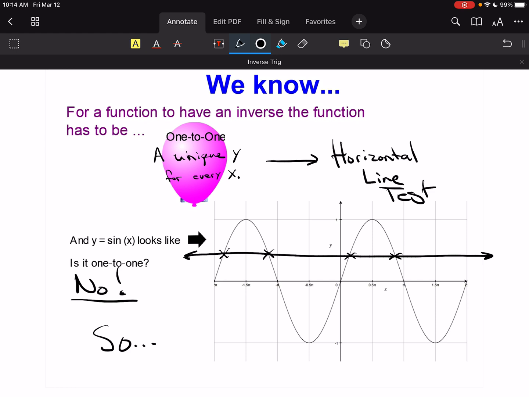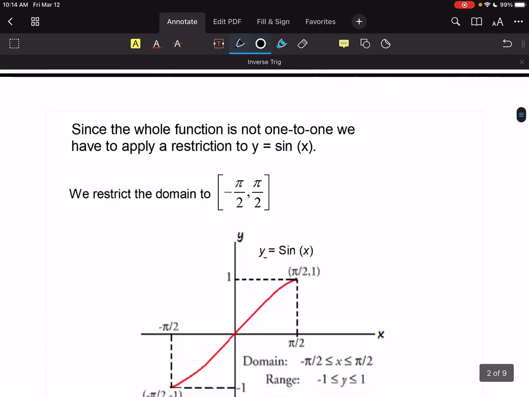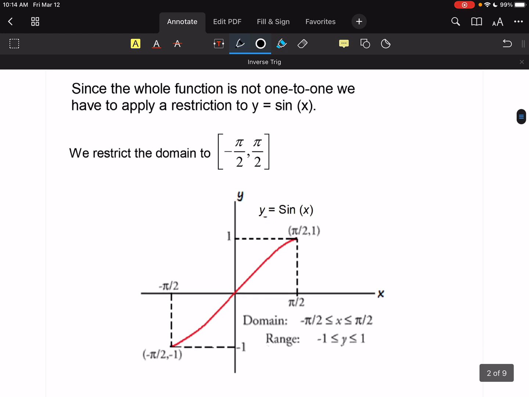So the way we handle that with trig, since the whole function is not 1-to-1, we have to apply a restriction to y equals sine of x. And the restriction we're going to use for the domain is from -pi/2 to pi/2.